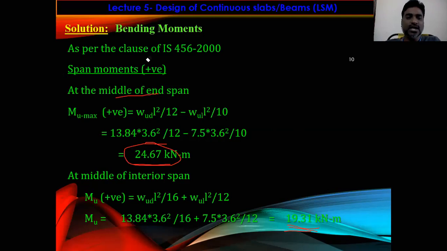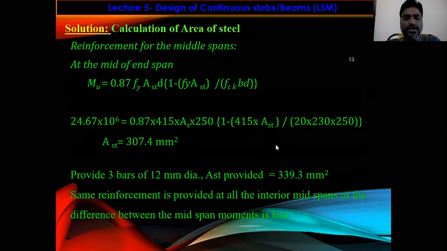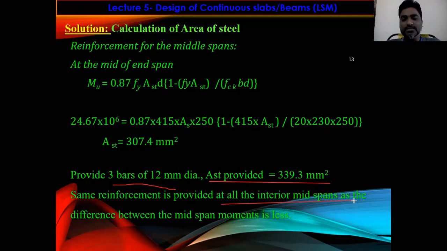So for reducing the work, I am just writing directly, no need to check again and again. Provide 3 bars of 12 mm dia bars, and therefore Ast provided is 339.3 mm square, and the same reinforcement is provided at all interior midspans as the difference between the midspan moments is less.